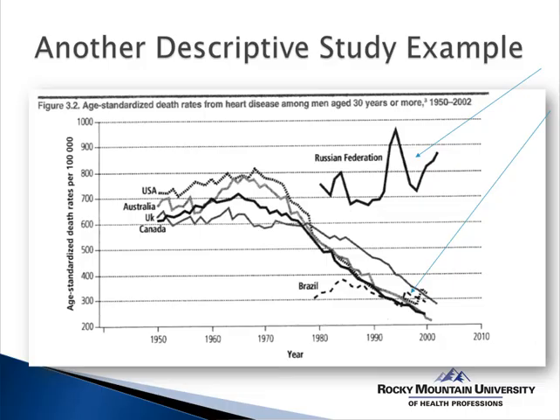Another descriptive example, looking at USA, Australia, UK, Canada, looking at age standardized death rates from heart disease, men 30 and over, and seeing that there was a downward trend becoming essentially similar to those experienced in Brazil. At the same time, an upward trend in those individuals in the Russian Federation.